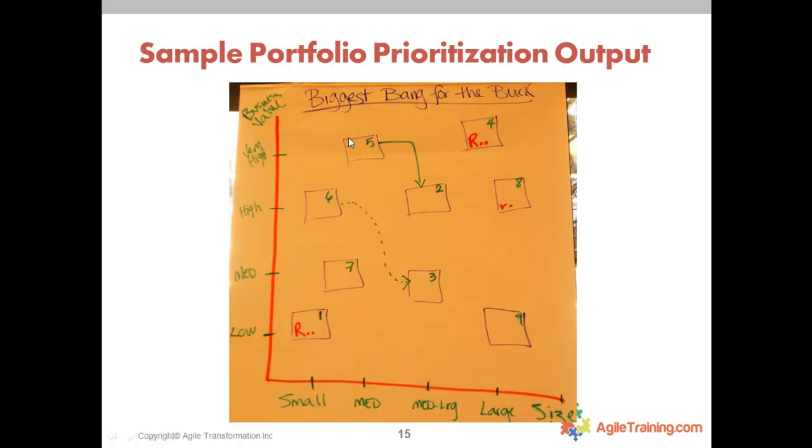We could probably get this one done pretty quickly because it sits in what we call the biggest bang for the buck quadrant, right up over here. If you're small but you have high value, it's a no-brainer. It should get done. But this one depends on number 2 over here, so that's why this item was made number 2. So 1, 2, they did this one as 3, that one became number 4 next, 5, 6, 7, 8, you get the process.